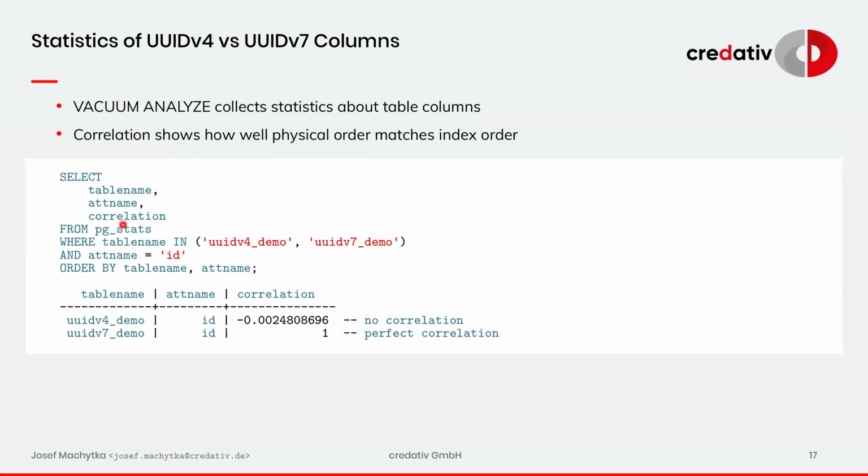So when we select correlation, we can immediately see that in a table with UUIDs version 7, there is a perfect correlation. Correlation is 1, meaning the data is in perfect order, going from lowest to highest value in ascending order. But when we look at correlation of the ID column in the table with UUIDs version 4, we can see that the value is almost 0, which means that there is no correlation of those values. So they are completely random.